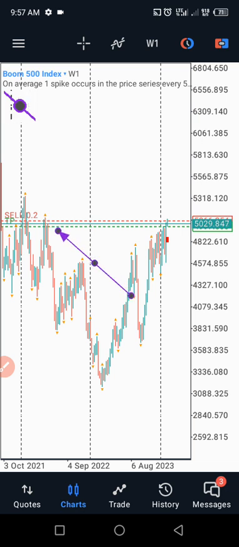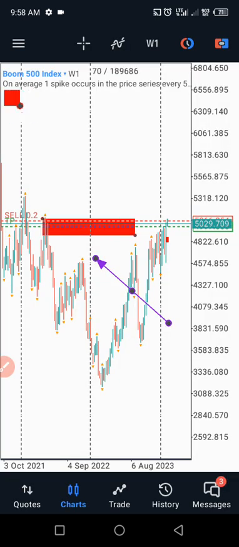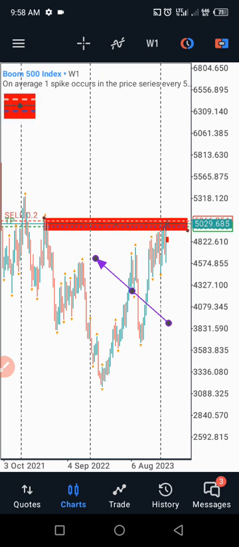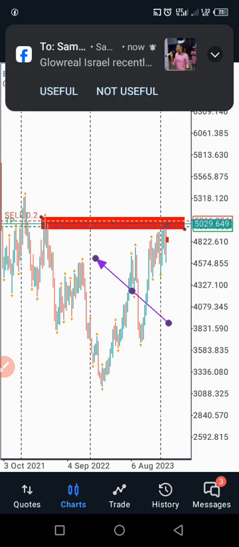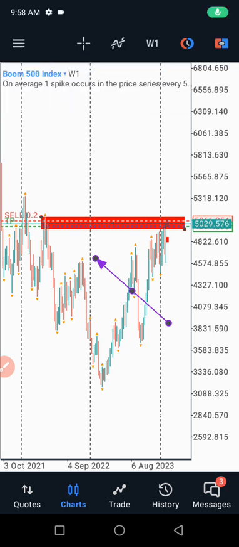So that's my resistance zone, so I'm going to mark it out. After marking it out, I expect price to get there later in the future, and that is what price has just done now. So price has gotten to that zone.